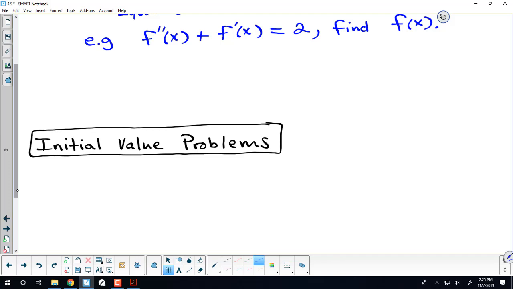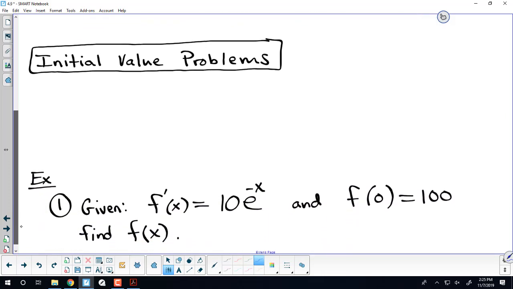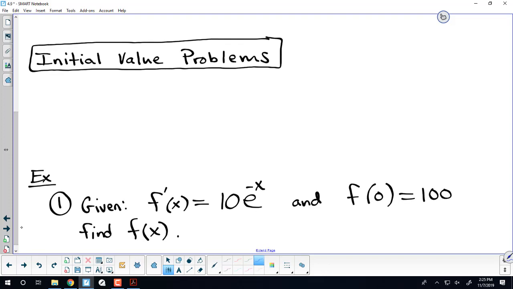And so initial value problems are, for us anyways, problems that involve the derivative and some initial value on the function that we're after. So this right here, this f of 0 equals 1, that's our initial value. And so we're given that the derivative is 10 e to the negative x and some initial condition on the function itself.